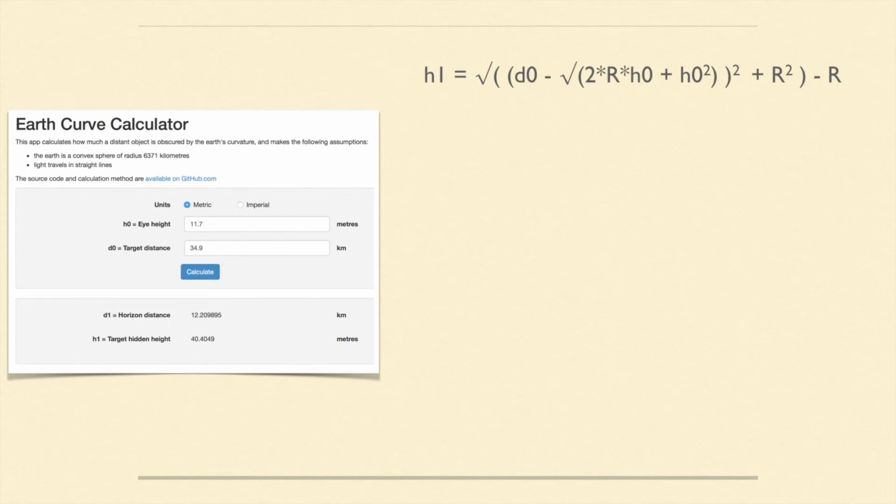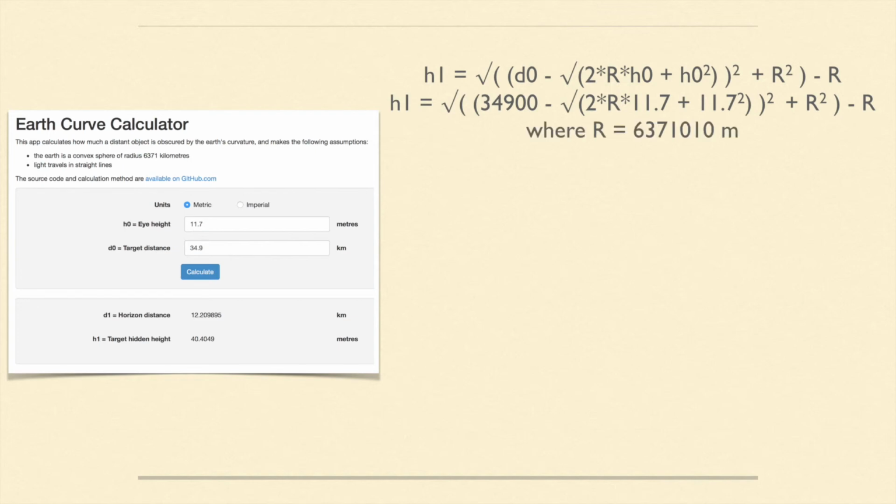So we use the equation we found on the last page, and we substitute our distances. So here I've substituted d0, which is the target distance. We have to use only one unit, so we're using meters, so that will be 34,900 meters. I've substituted h0 for the eye height, which was 11.7 meters, and R is here the Earth's radius, which is, according to Wikipedia, 6,371,010 meters on average.